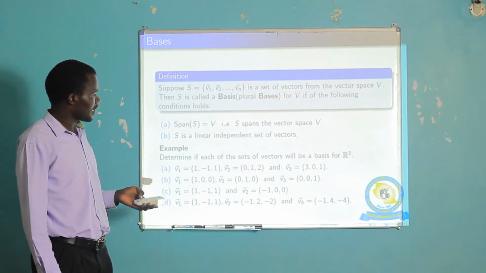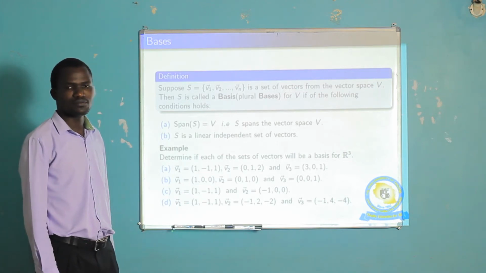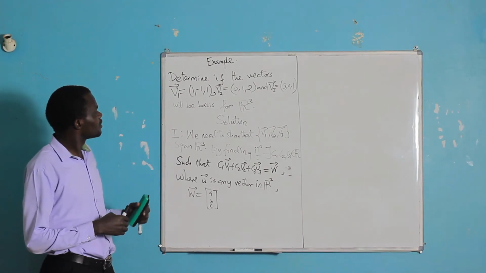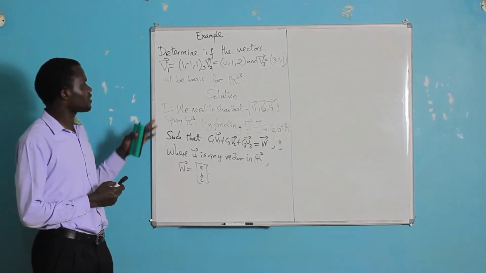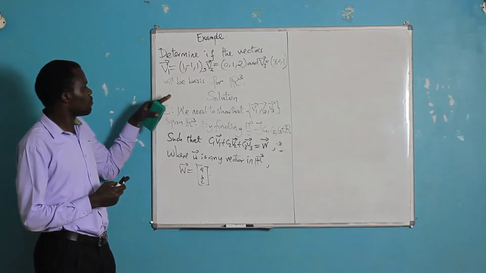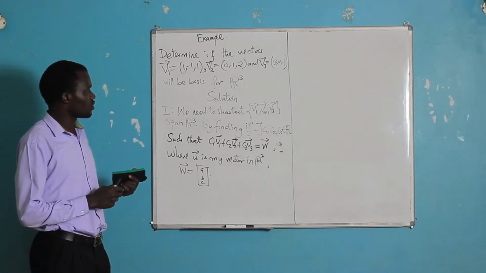Okay, this is an example. Let's go see an example. Students, let's see this example: determine if the vectors V1, V2, and V3 are a basis for R3 space. Solution.